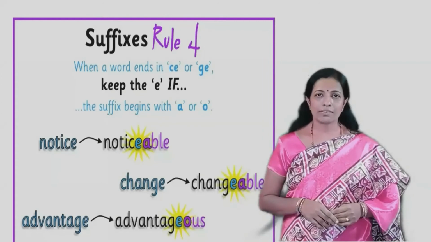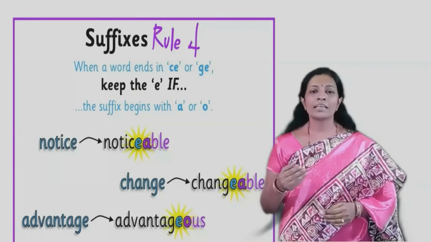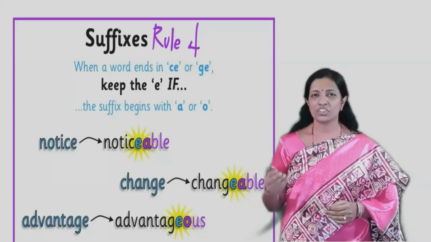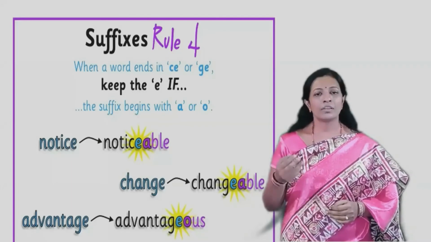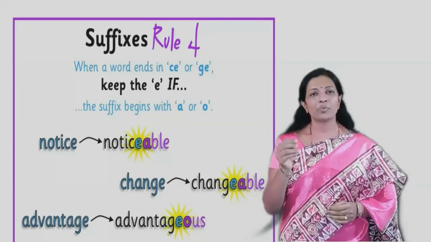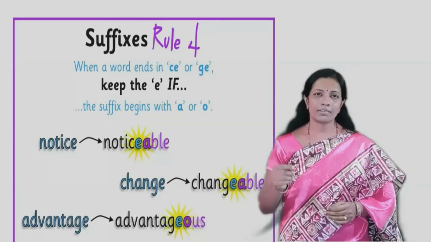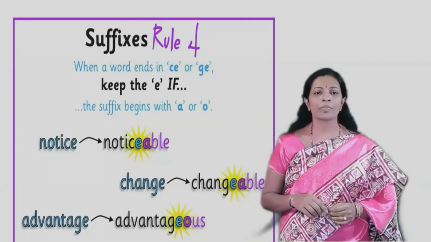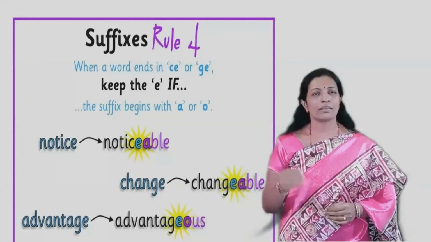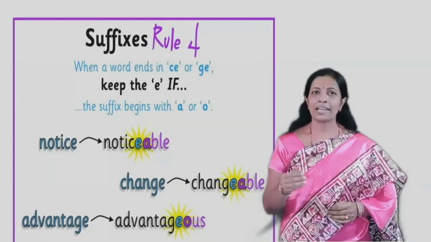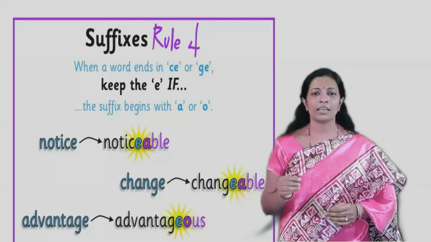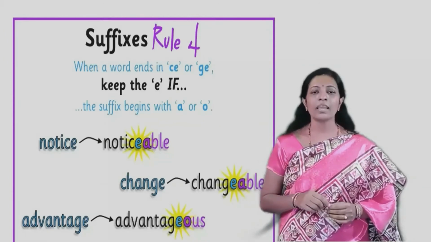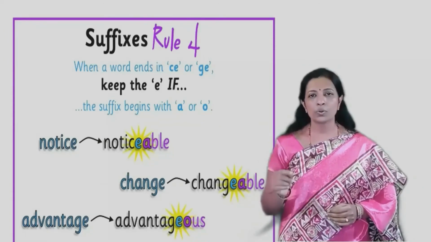The next rule is that when a word ends with CE or GE, for example, notice, change, advantage, we find that we have to retain the letter E when it is added to a suffix which begins with either A or O. For example, notice. The root word notice, which ends with the letters CE, when added to the suffix able, which begins with A, gives a new word, noticeable.